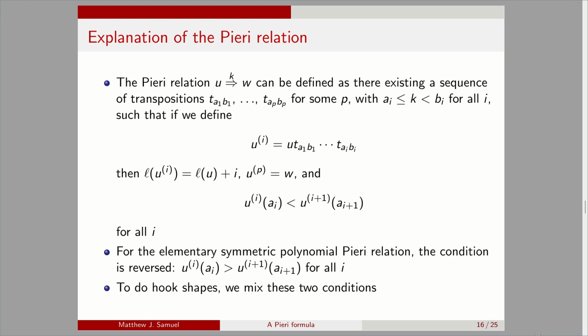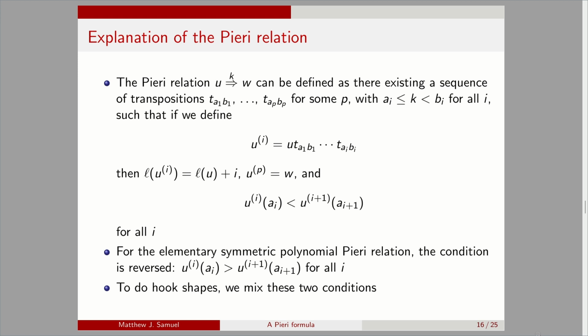So in order to explain the hook shape rule, we need to go into a bit more detail of the Pieri relation. The Pieri relation u ⇒ w at k can be defined as there existing a sequence of transpositions t_{a1 b1} through t_{ap bp} for some p, such that a_i is less than or equal to k, which is less than b_i for all i, and we multiply on the right by these transpositions in order.